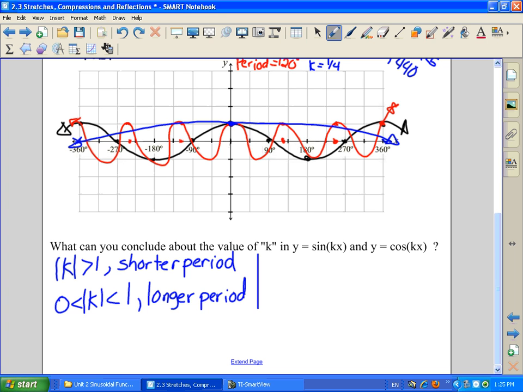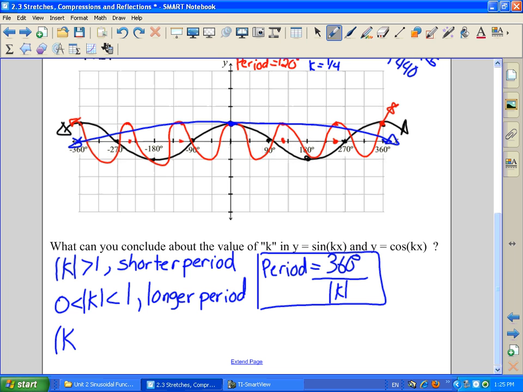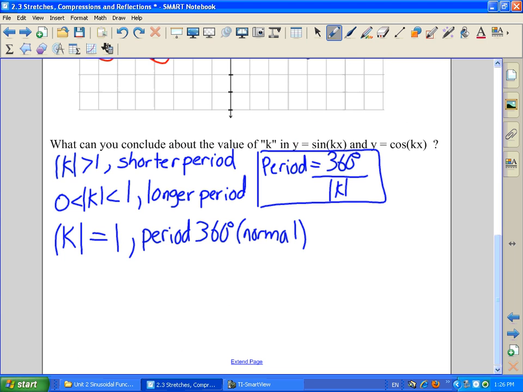And hopefully you have this in your toolkit, you want to remember or memorize it: the period equals 360 degrees divided by the absolute value of k. Ideally, if the absolute value of k equals 1, then the period equals 360. That's what we were doing all previously. That's what we call normal. And the last thing, and hopefully we don't have too many cases of this, if k is less than 0, that means it reflects over the y-axis.